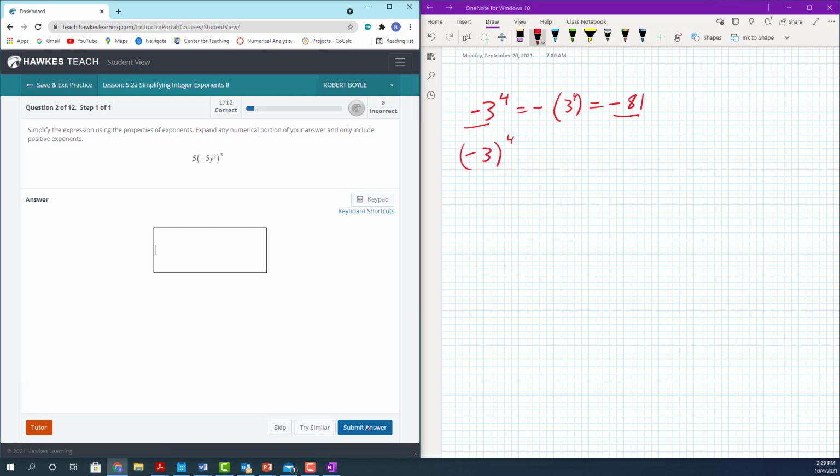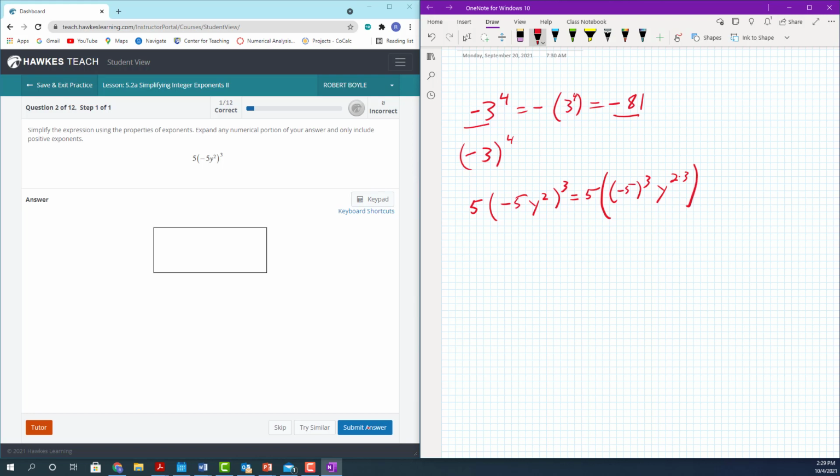Okay, so here is one where we need to use the power rule. Here we have 5 times -5y squared cubed. Now notice that the 5 is not inside the parentheses, so that actually just stays right where it is. And then we need to deal with the rest of them. So we will have -5 cubed times y to the 2 times 3.